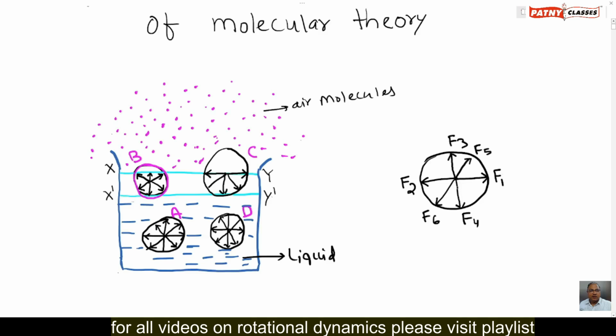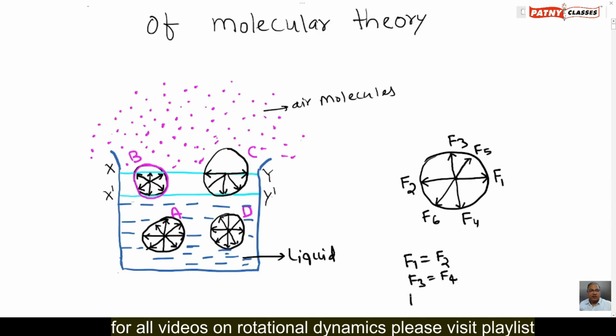Now here F1 and F2, so F1 equals F2, so they cancel each other. So along the horizontal direction, no force is acting on molecule A. Similarly, F3 equals F4, so there is no vertical force, and no downward force.